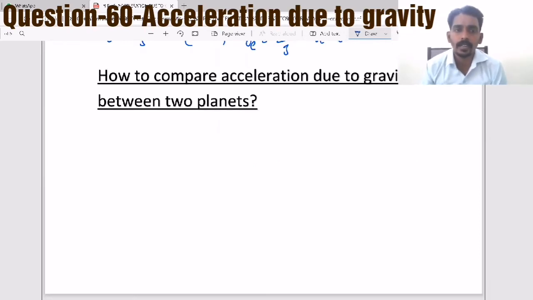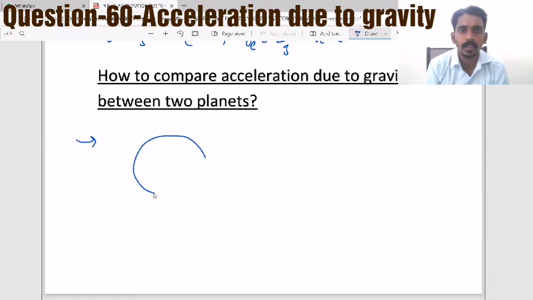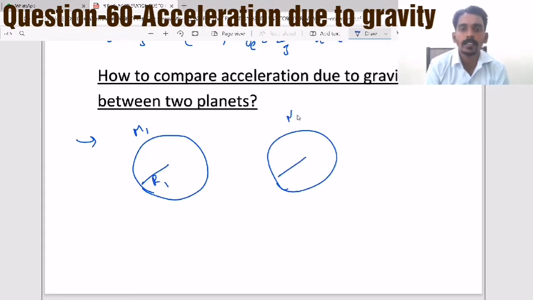Now, the very first kind of question they can ask here is comparison. Like this is one planet of mass m1, radius r1. This is another planet of mass m2, radius r2. Here g1 is Gm1 by r1 square, and g2 is Gm2 by r2 square.